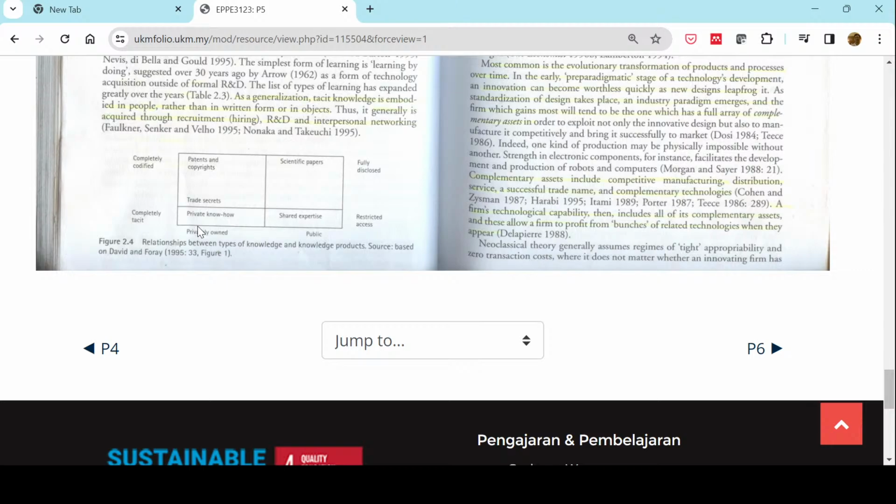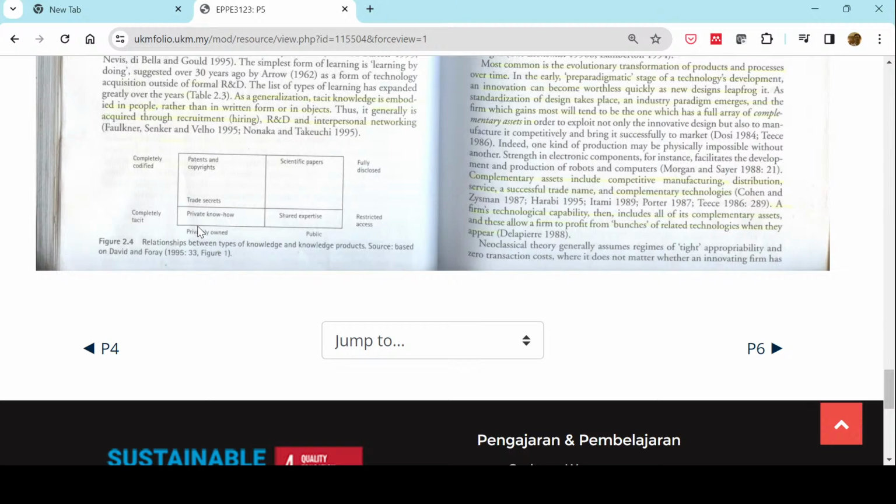Even though those CEOs, they share with the management, they share with the people, so it becomes publicly owned. Next. These are types of learning.